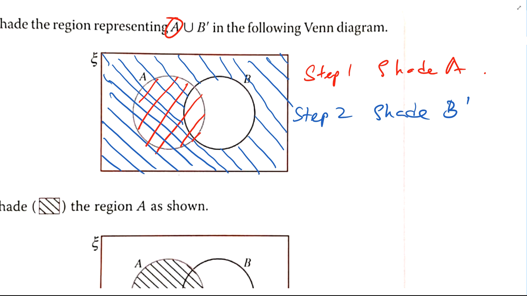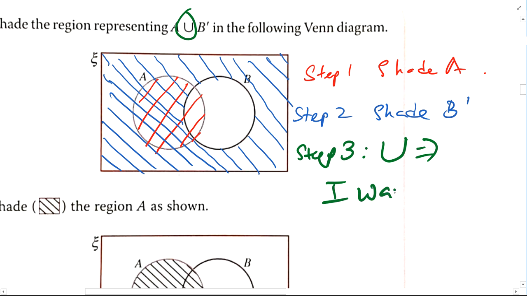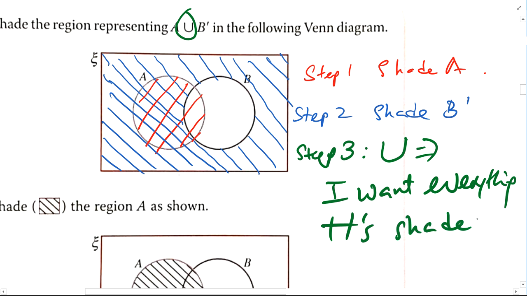Since they want union, union means everything that is shaded. Okay? So, step 3. Union. I want everything that's shaded.